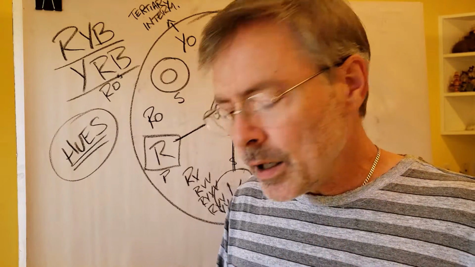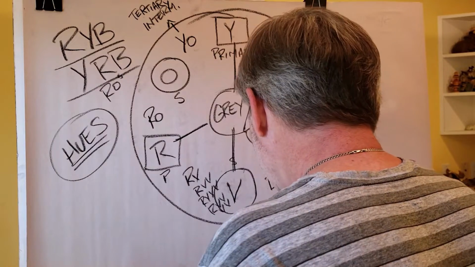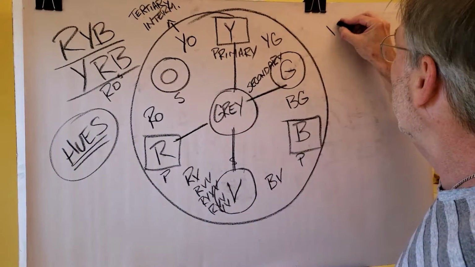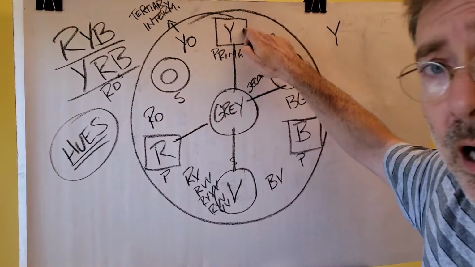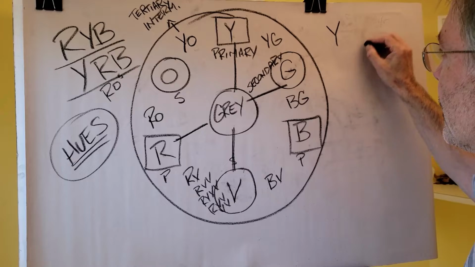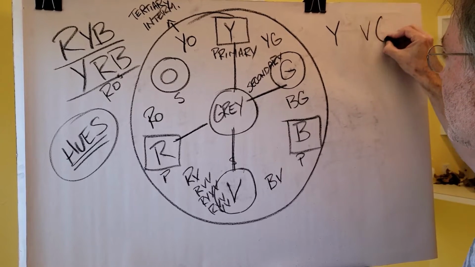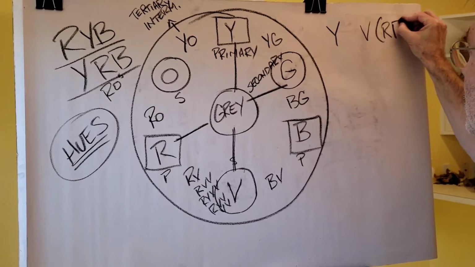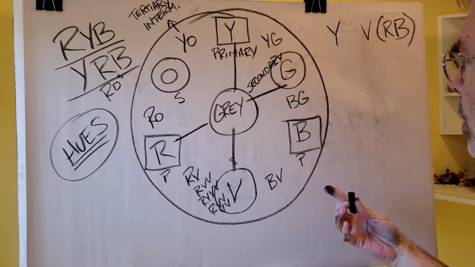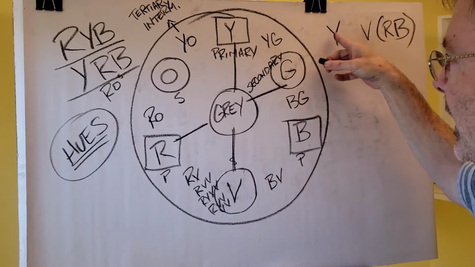And it's easy to understand why it means that if you simply take a look. Well, yellow is yellow, and its complement, being the opposite, right across the color wheel, is violet. Violet contains red and blue. I hope you can see that over here. Violet contains red and blue, but it doesn't contain any yellow.